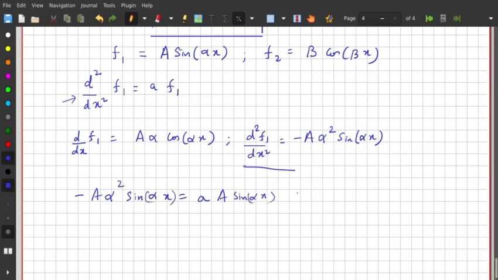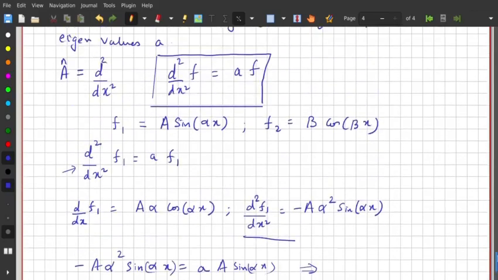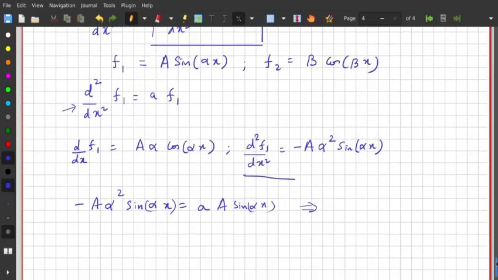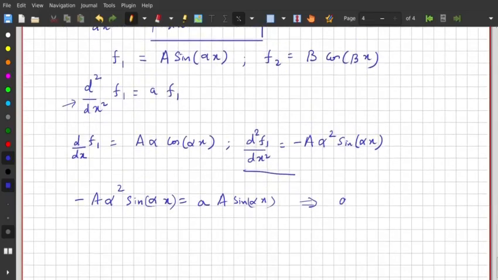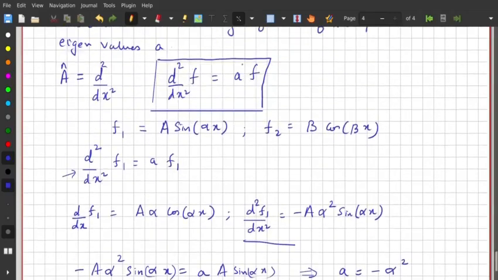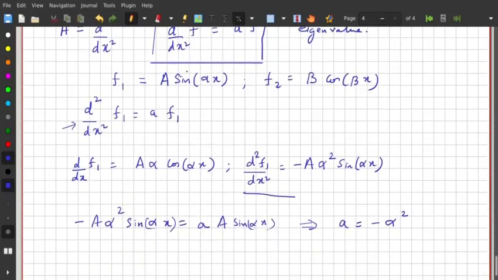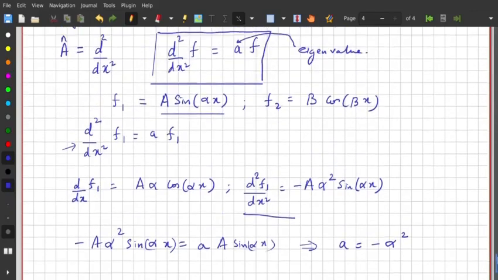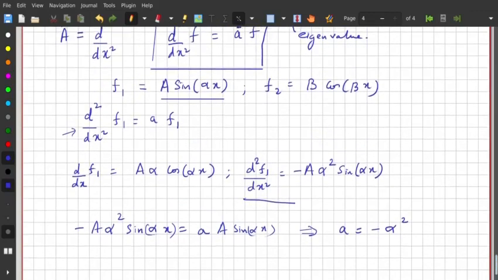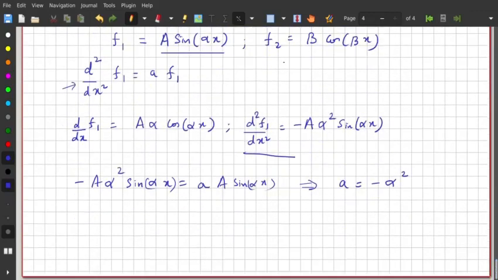What this implies is that the eigenvalue equation can be satisfied with f1 if and only if, a very important criterion, a equals minus alpha square. This is the eigenvalue. That means the function a sine alpha x is an eigenfunction of the operator d2/dx2, the second derivative, with eigenvalue minus alpha square. Similarly for f2.